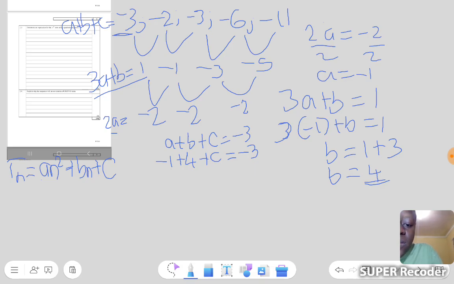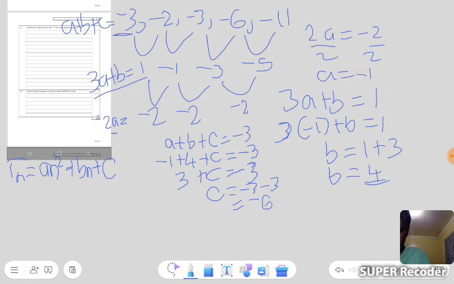That will be 3 plus c equals negative 3, so c is equal to negative 3 minus 3. Then our c is negative 6.